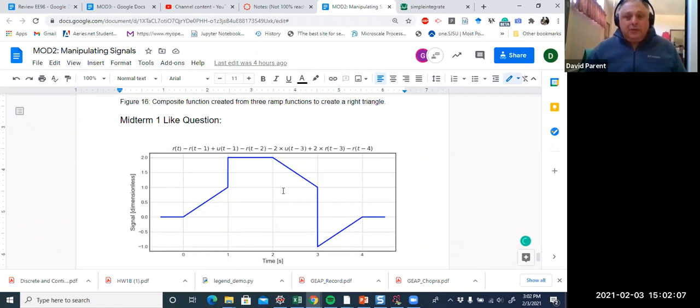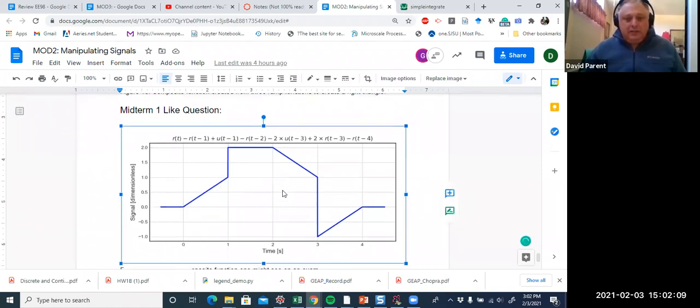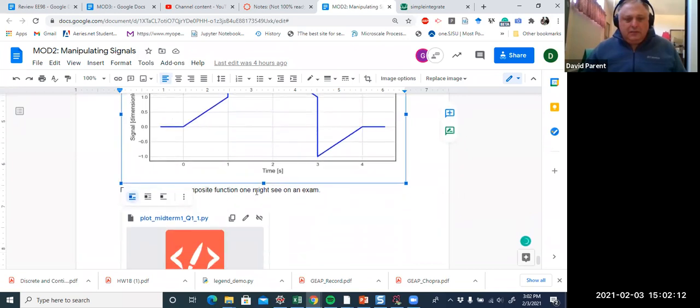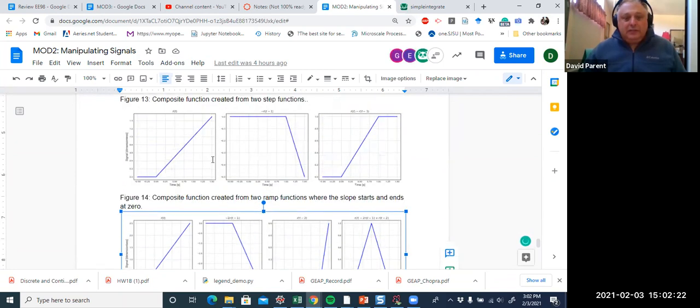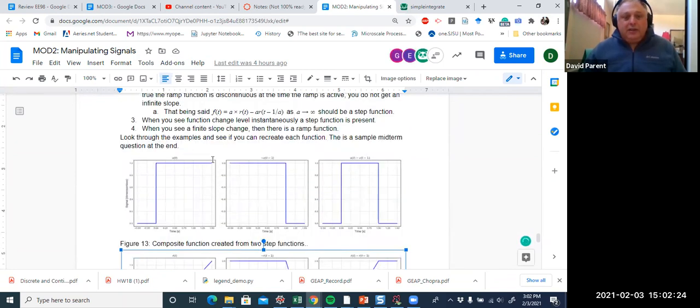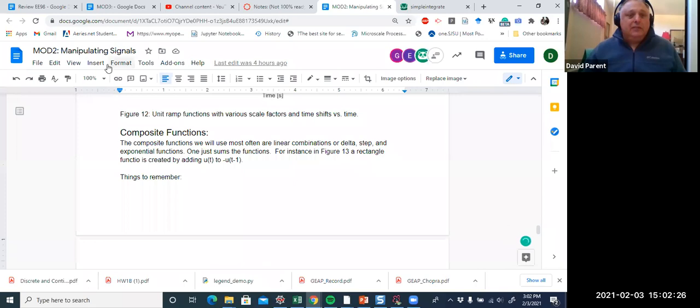Also, if you click on it, you should be able to download the Python code that I used to create it. And pretty much every figure should have some Python code associated with it.